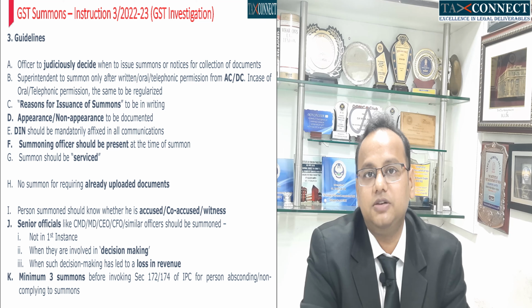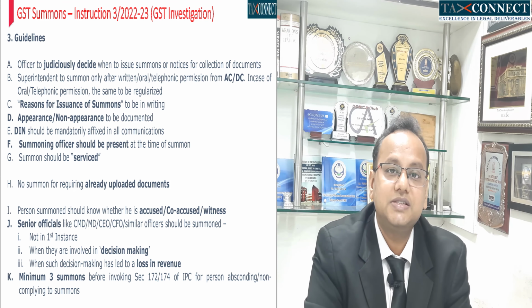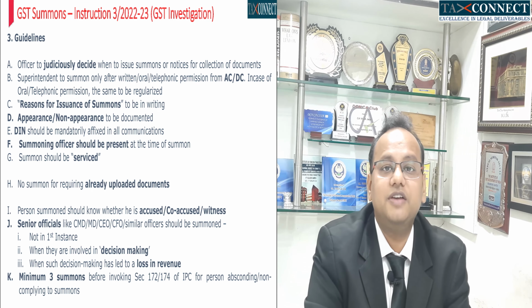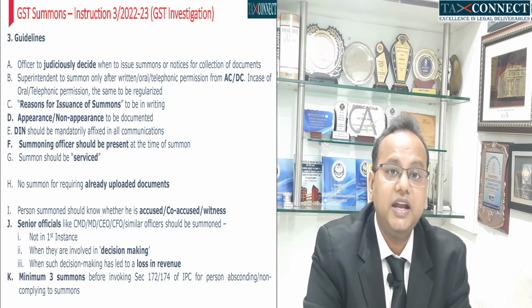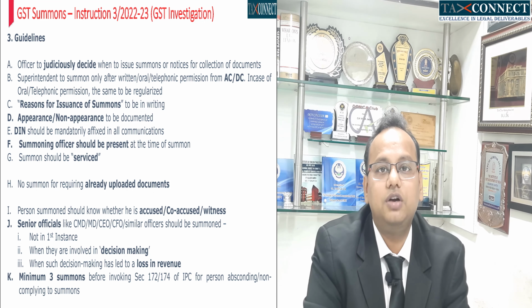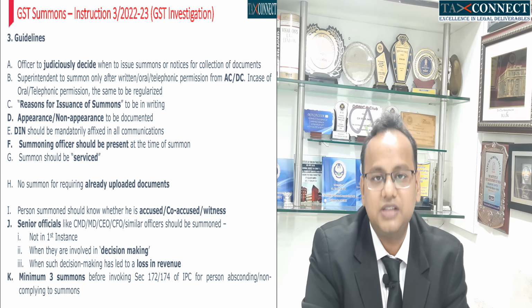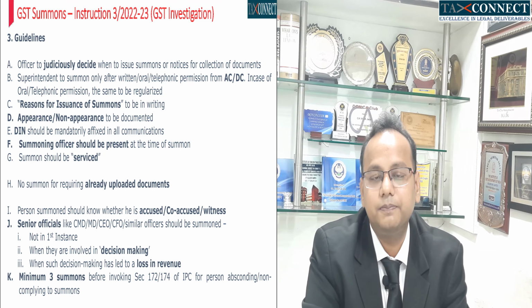A top official can be summoned only if he is involved in the decision making process. Now many a times we have seen that even independent directors are summoned. If the independent director is not involved in the decision making process, there is no way he should be summoned as has been provided in this instruction.